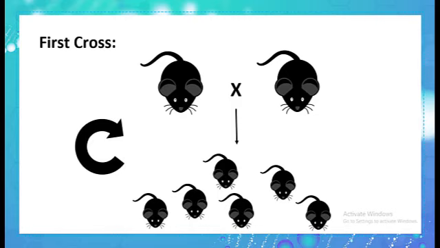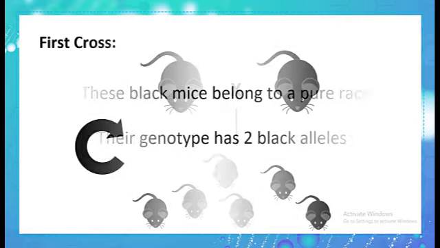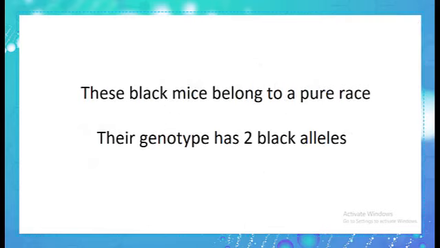No matter how many times such a cross is repeated among black mice, the same results are obtained. What conclusion can you make from this result? This cross shows that these black mice belong to a pure race and their genotype has 2 black alleles.